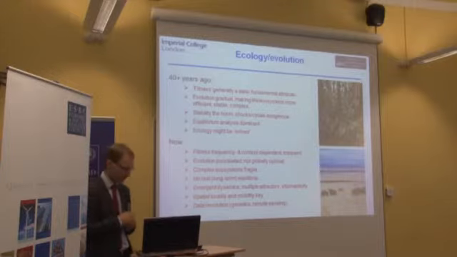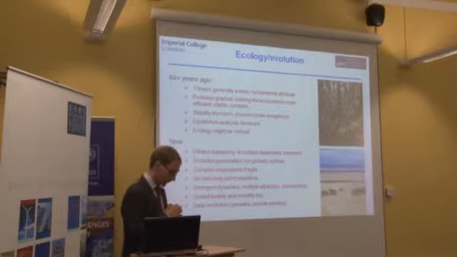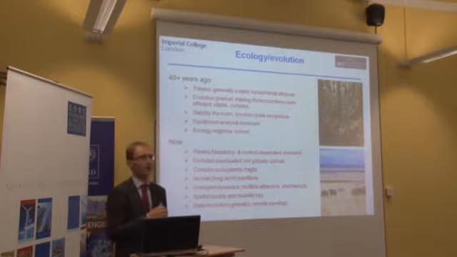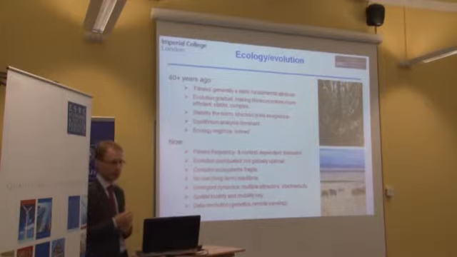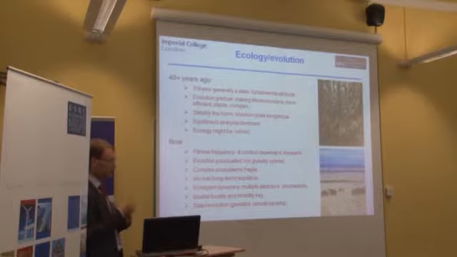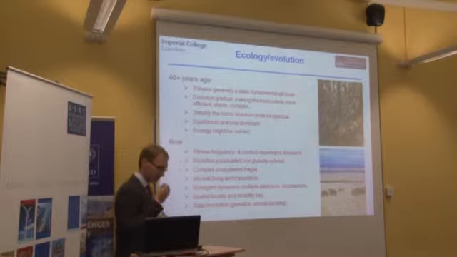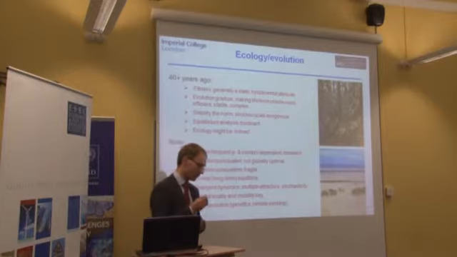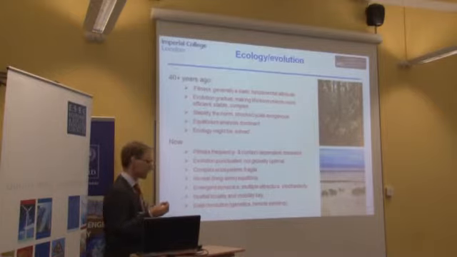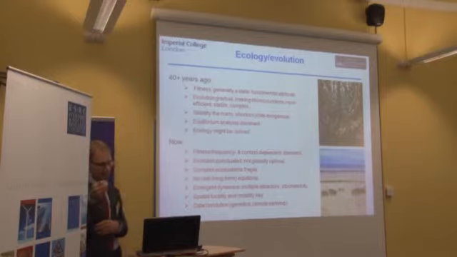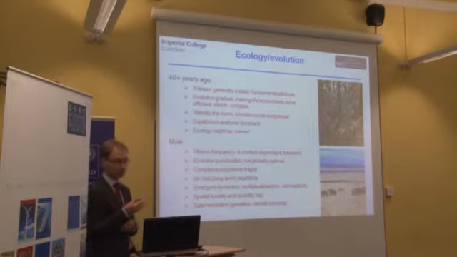So one of the important concepts is that fitness, in a Darwinian sense, individual fitness, is what ecologists and geneticists call frequency dependent. By that it means your fitness to reproduce is dependent on how common you and your competitors or prey or whatever are in the population.